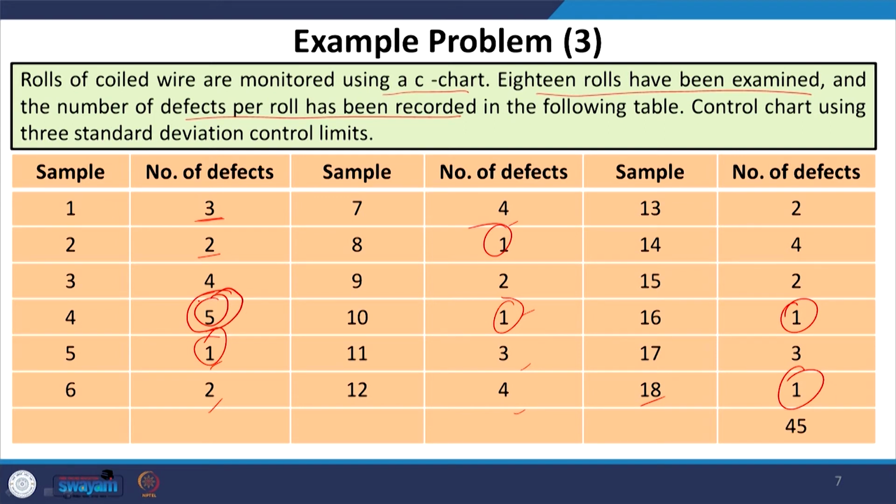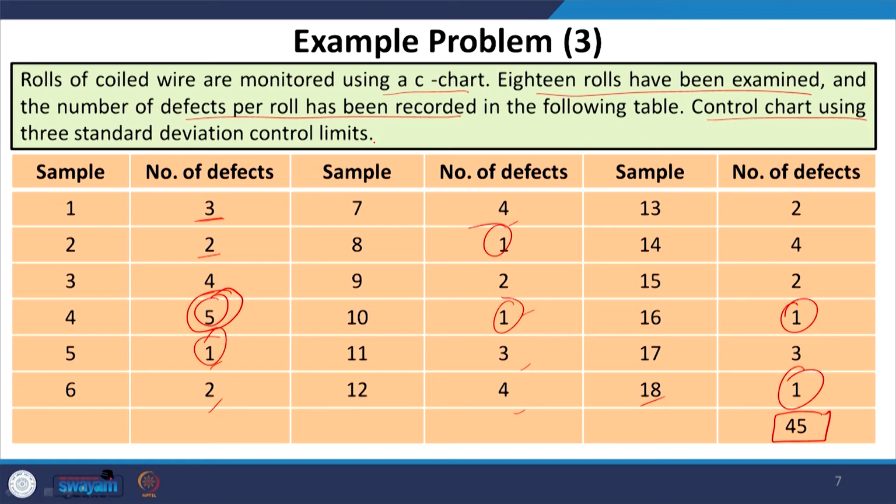Like in sample 4 the number of defects is 5, that is the highest, and the total number of defects is 45. Now, a control chart using 3 standard deviation control limits needs to be prepared.